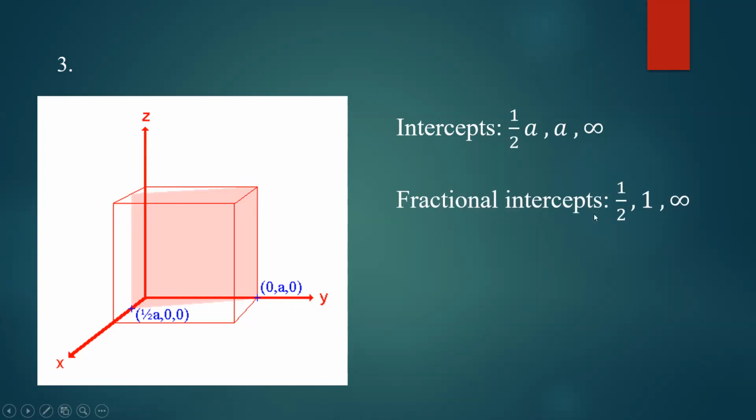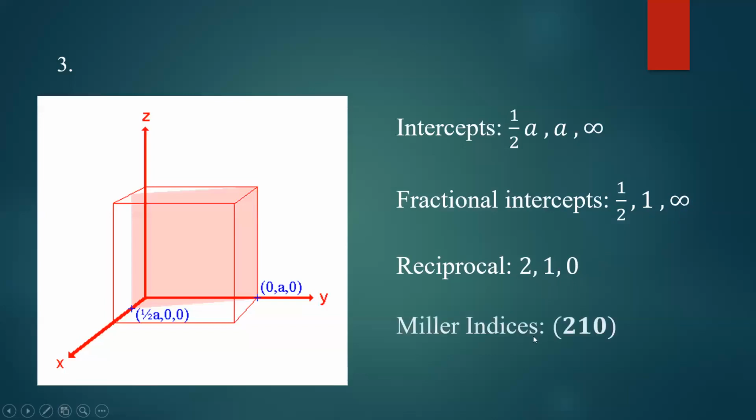After taking the fractional intercepts, you find the reciprocals of these numbers. The reciprocal of 1/2 is 2, the reciprocal of 1 is 1, and the reciprocal of infinity is 0. So we'll get 2, 1, 0 as the Miller indices. This type of question may be asked. So this particular plane has the Miller indices equal to 2, 1, 0.